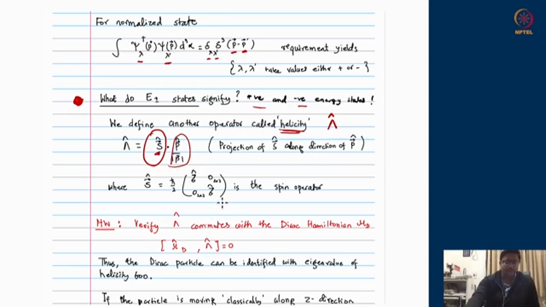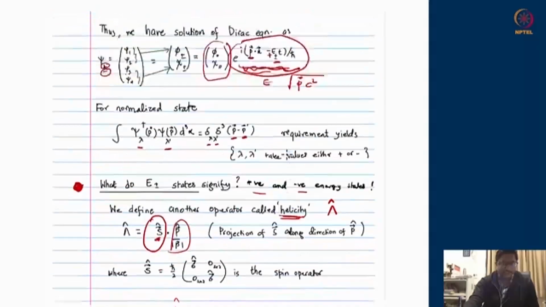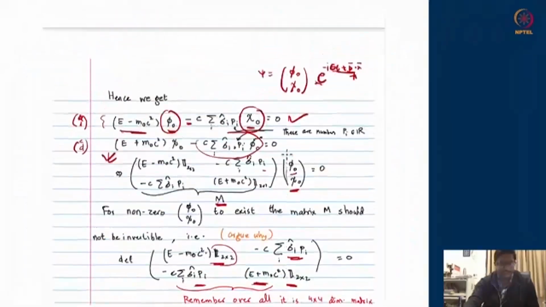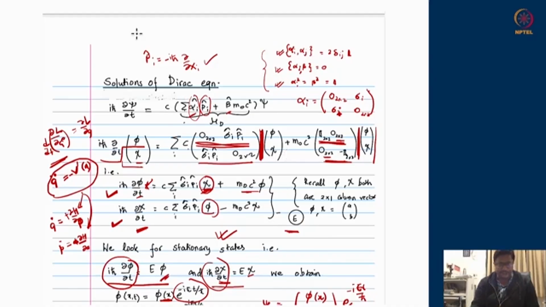Okay. So now for this new operator, helicity, first we should verify that it commutes with the full Dirac Hamiltonian. The Dirac Hamiltonian, remember, was this, which we had written over here, the first line.